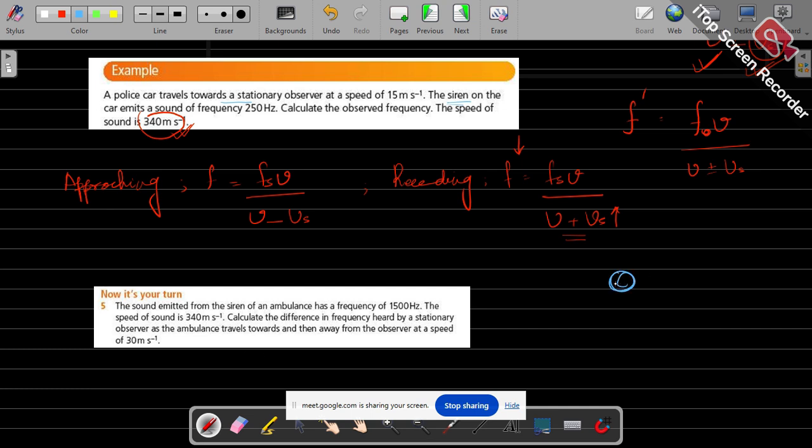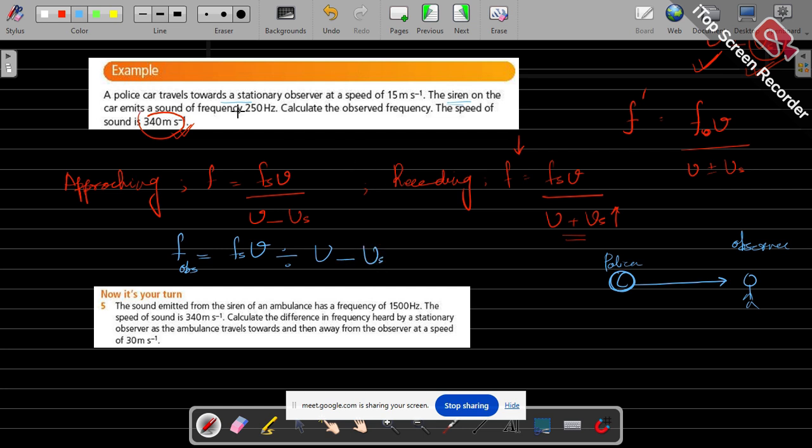We have a police car, and right here we have an observer, and the source is moving towards the observer. So we are going to use the formula: apparent frequency or observed frequency will equal the source's frequency times the speed of sound divided by the speed of sound minus the speed of the source.